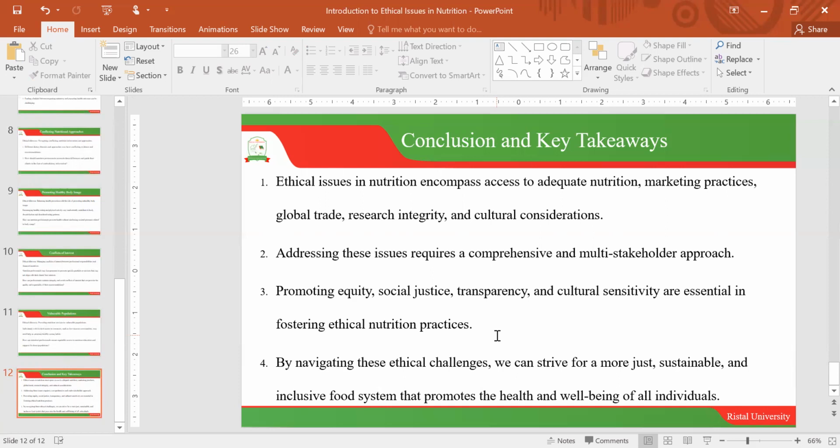And these issues usually raise ethical dilemmas, but it's very important for you to understand the whole issue, do an evaluation of it, and then reach a conclusion on the course of action. And then reflect and also evaluate the impact of the decision that you have made. That is how you manage ethical dilemmas in nutrition.